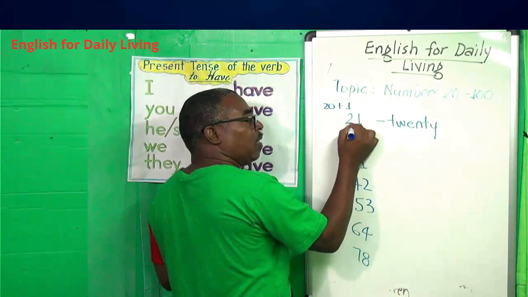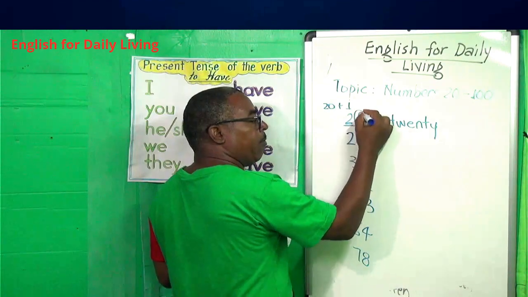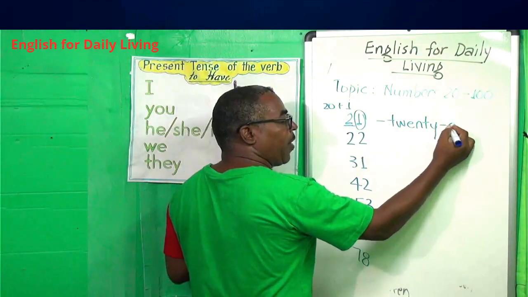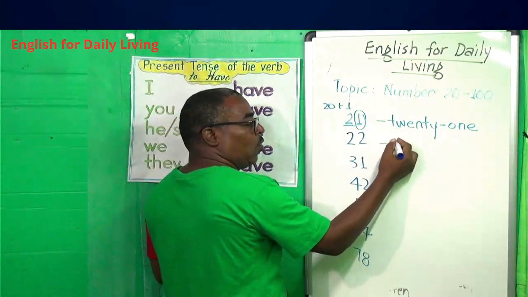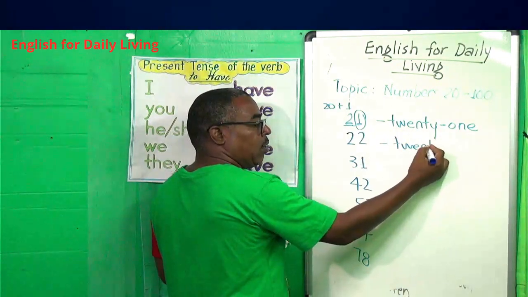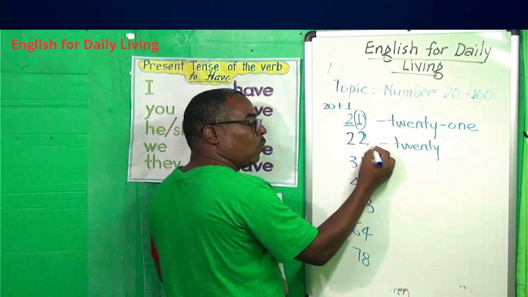That's the 20 part here, and the 1, you just put a hyphen and we write 21, a hyphenated word. 20, and then we know that this is 2, so 22.